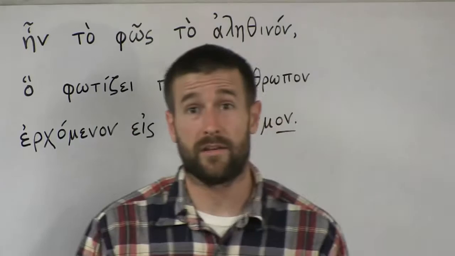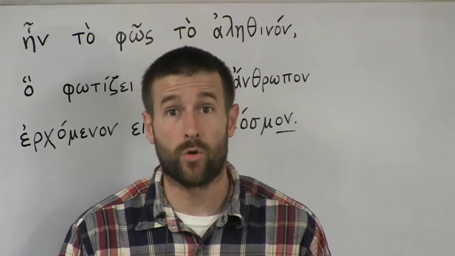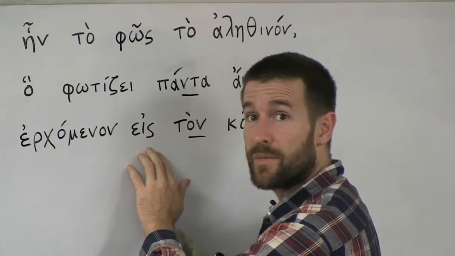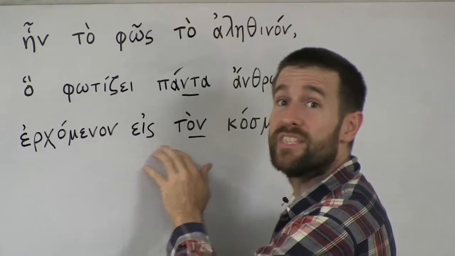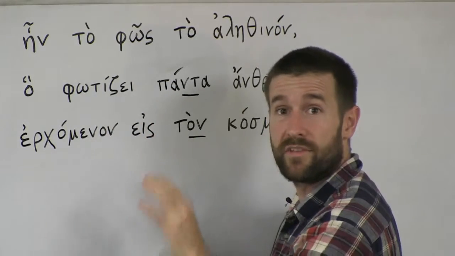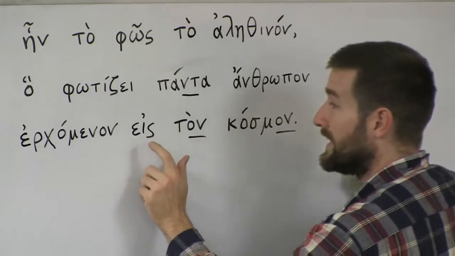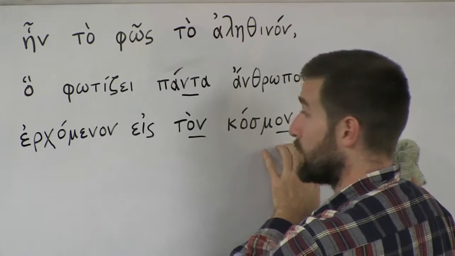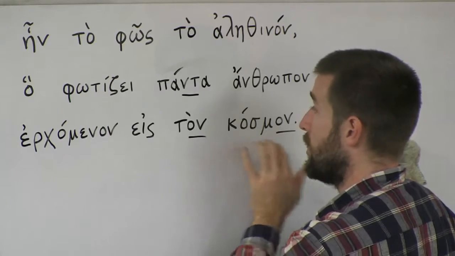Remember John 1:1? Pros ton theon. Pros was a preposition that took the accusative case following it. So that's why it was pros ton theon, with God. Well, eis also takes an accusative. Ton kosmon, into the world.